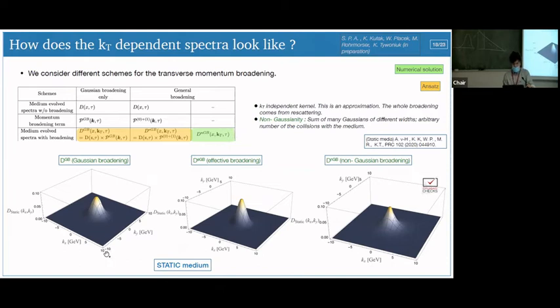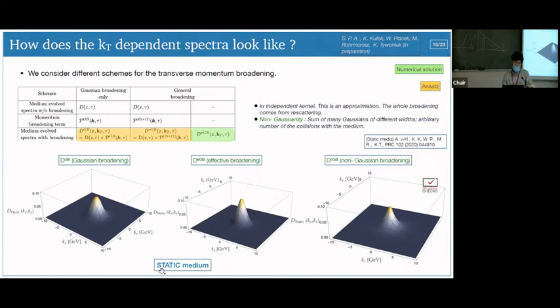Now we have this additional sensitivity, or additional parameter, of the transverse momentum dependency, which we didn't have in the previous ones. This also allows us to go one step further to see the angular distributions. When we compare them side by side for the Gaussian broadening case, the effective broadening or molar case, and the non-Gaussian broadening, we see considerable differences with each other.